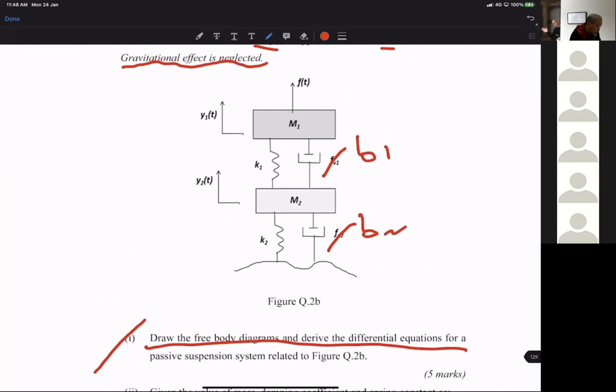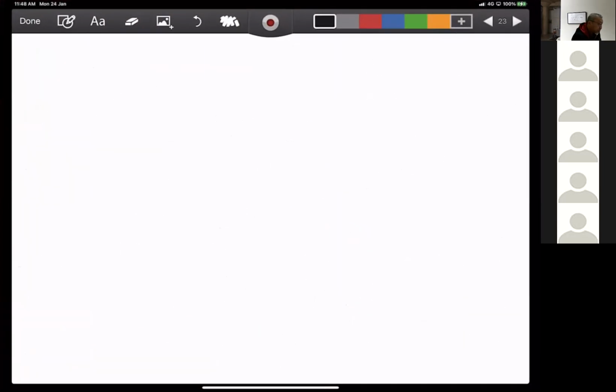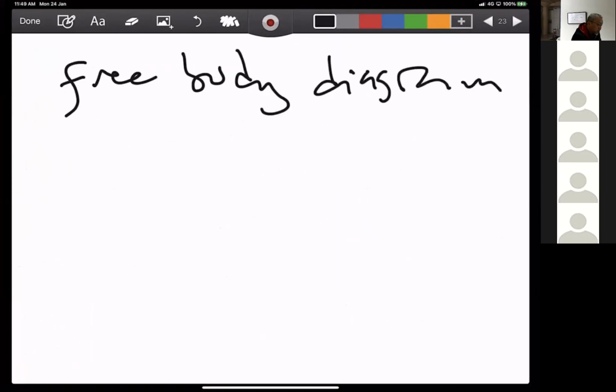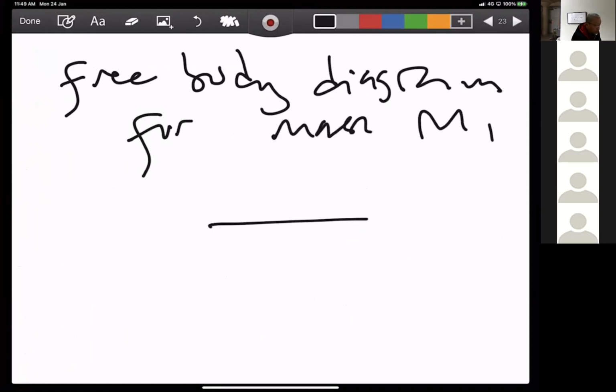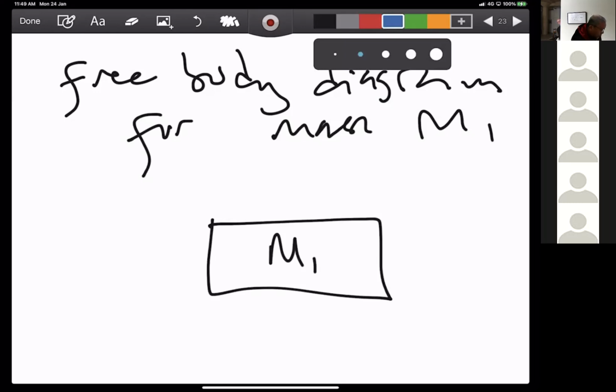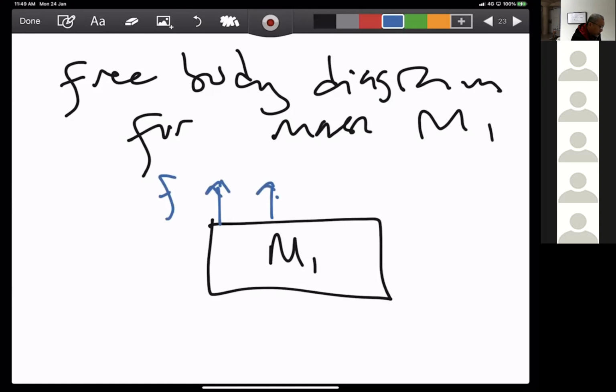Okay. So we draw for M1 first. Okay. So usually the F force is here, and then this one is B1, X2 dot, and this one is K1, X2.